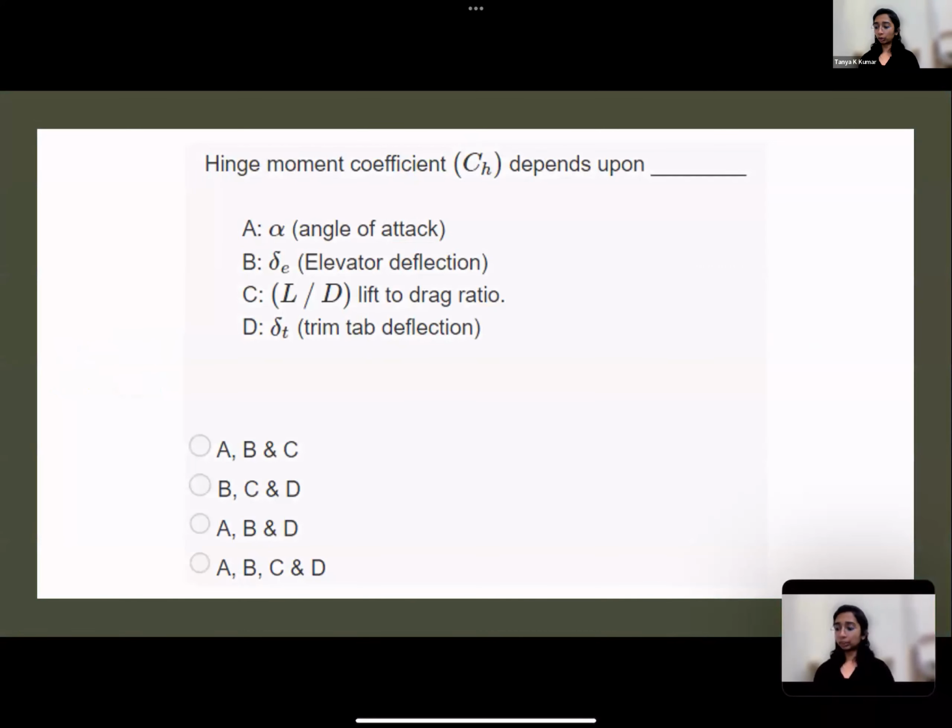The hinge moment coefficient depends upon the angle of attack, elevator deflection, lift to drag ratio, trim tab deflection. The CH equation we know, we saw.